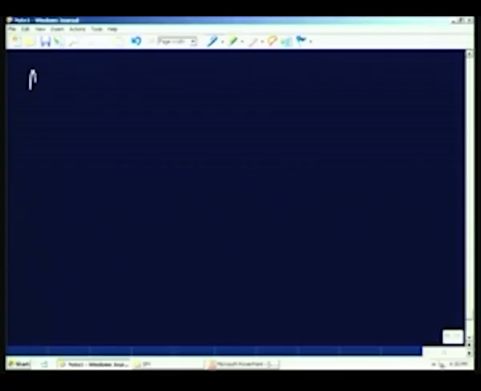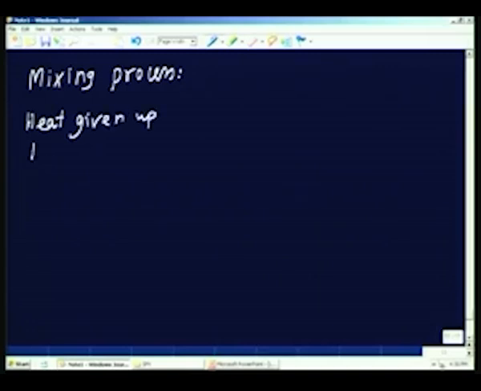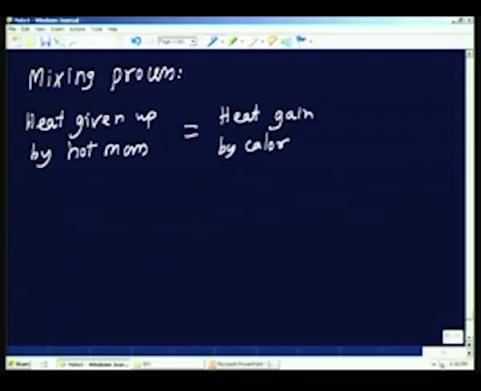During the mixing process, the heat given up by the hot mass which is dropped into it is equal to the heat gain by the calorimeter plus loss.